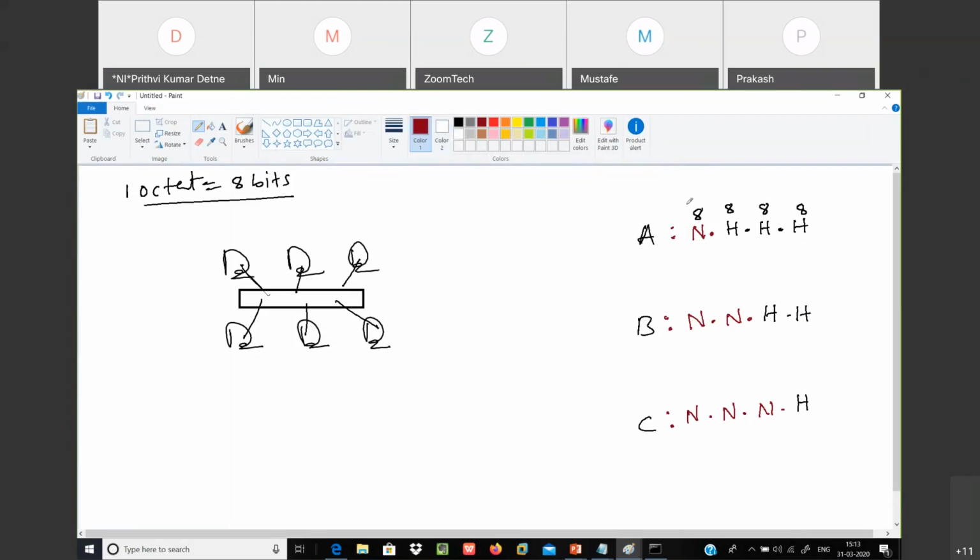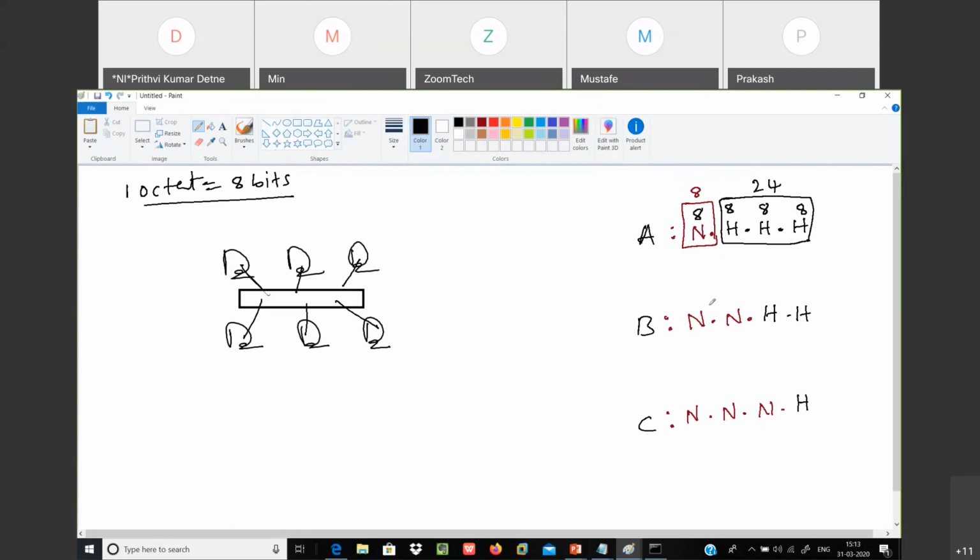Class A, total number of network bits is 8. For class A, total number of host bits: 8 plus 8 plus 8, total is what? 24. Clear, guys? Are you getting the point?